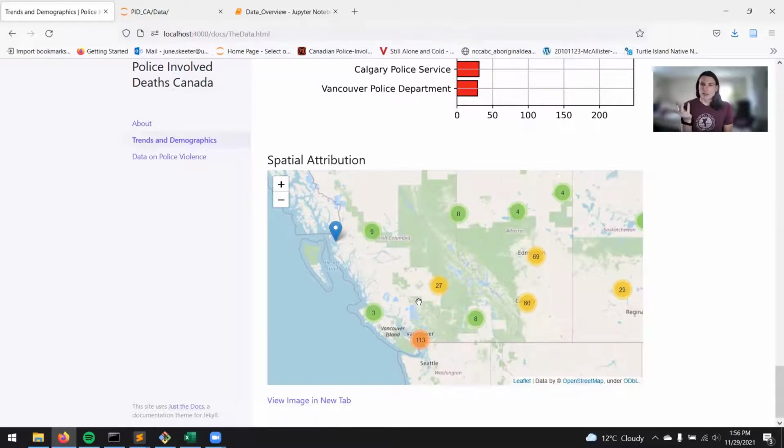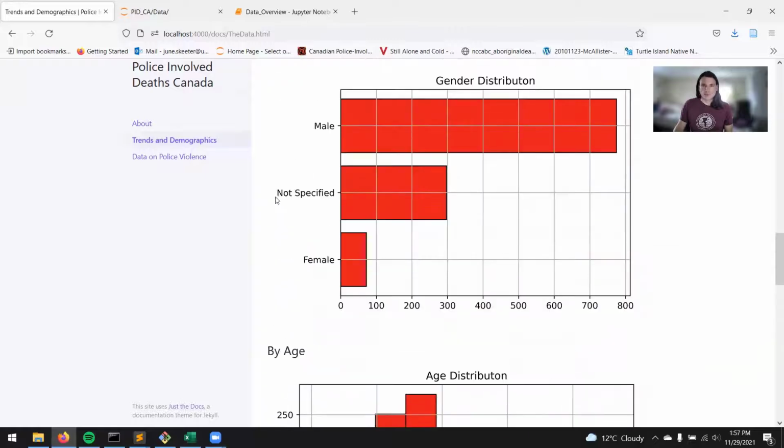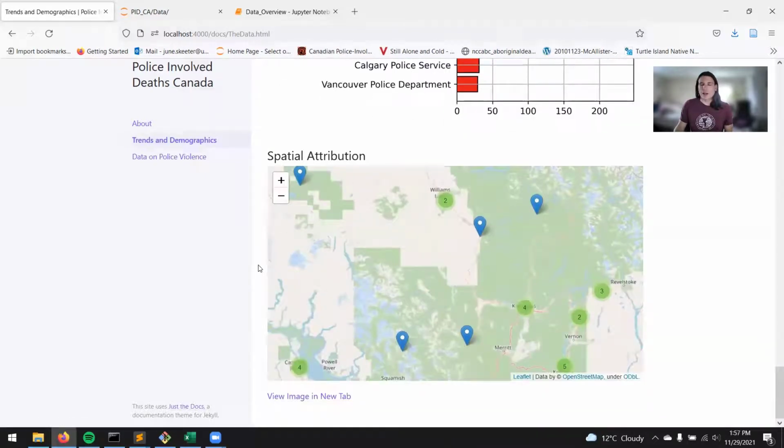But the goal is to take this spatially attributed data and match it up with census data. Then, for instance, you can account for the large number of unknowns in the demographic information, because you can look at the number of incidents per census unit relative to different demographics within the census blocks themselves.